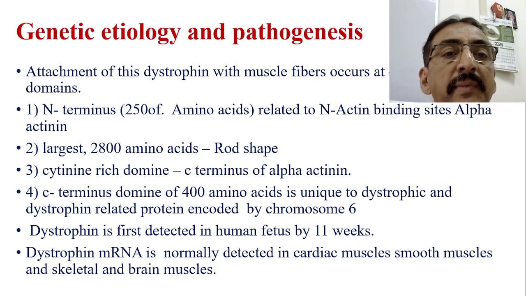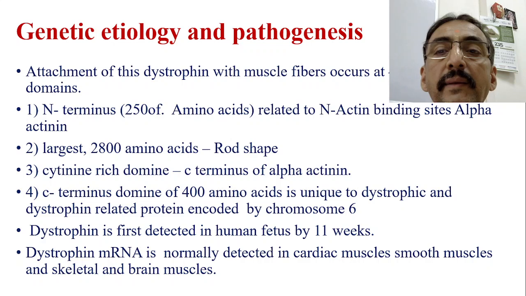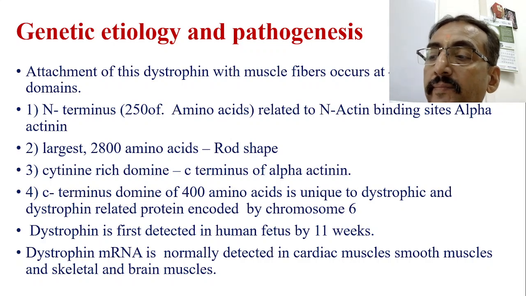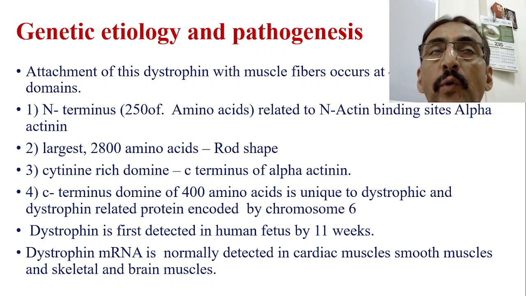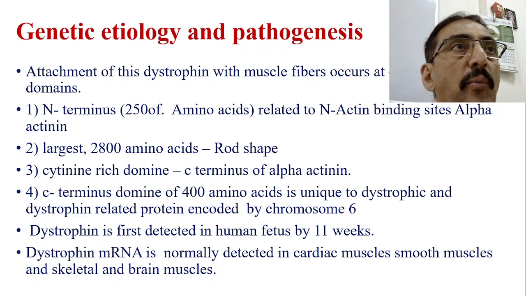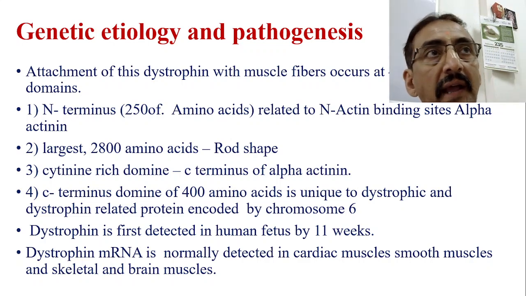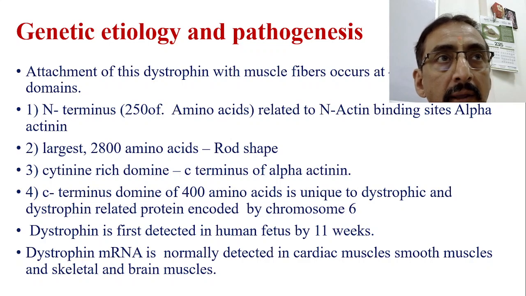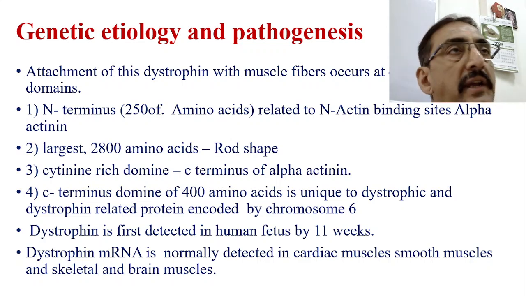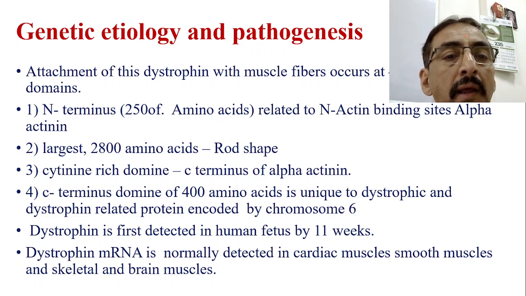Now, attachment of this dystrophin with the muscle fibers occurs at 4 distinct areas or domains. Number 1 is called the N terminus, then the cysteine rich domain, then the C terminus domain, like this.